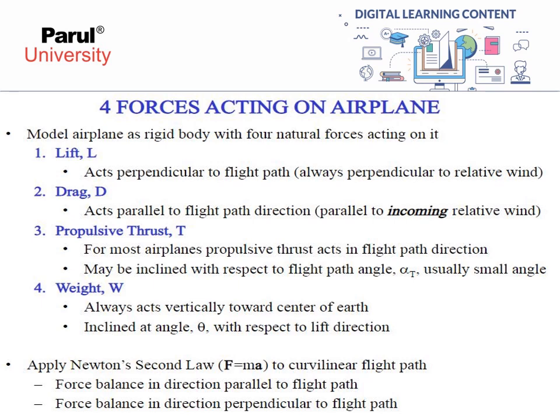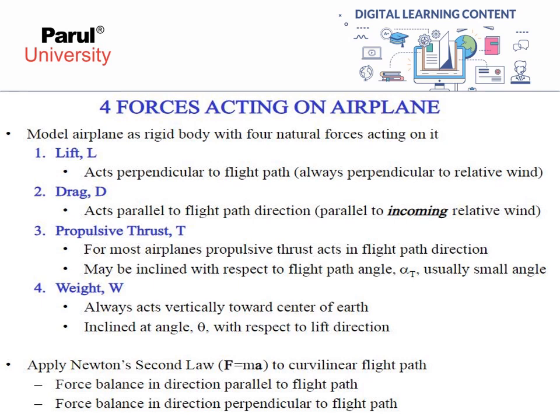Then propulsive thrust T. For most airplanes, propulsive thrust acts in the flight path direction, but may be inclined with respect to the flight path at an angle alpha t, usually a small angle. Weight W always acts vertically towards the center of the earth and is inclined at an angle theta with respect to the lift direction.